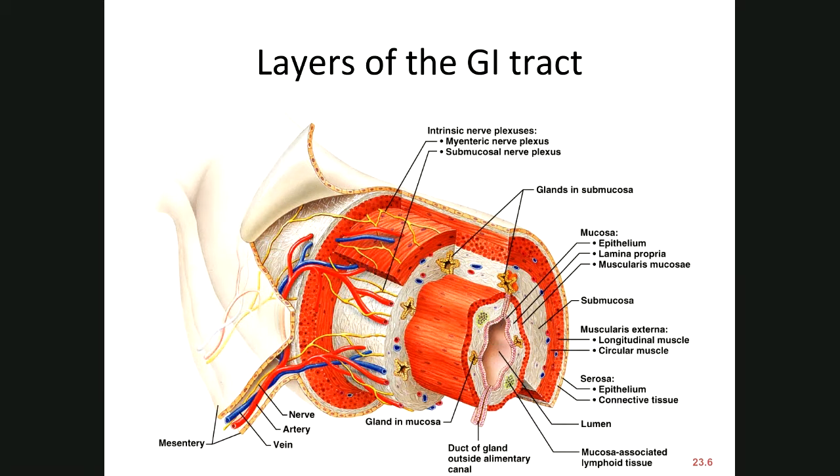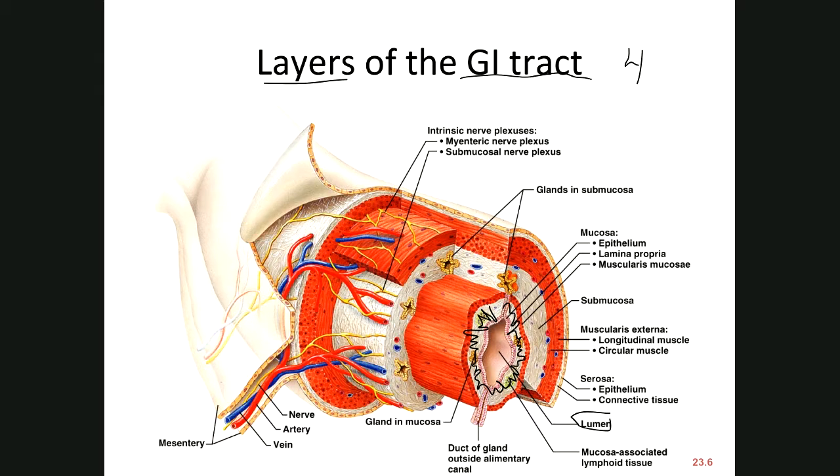Well, if you look at this GI tract, there are very specific layers to it. And there are 4 layers. So remember the hollow space is called the lumen. The layer that faces the lumen is called the mucosa. So it's a mucous membrane, a mucosa.